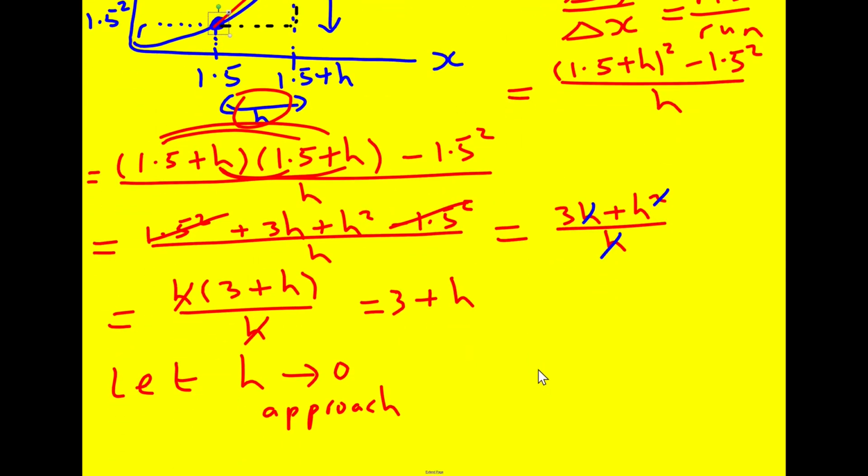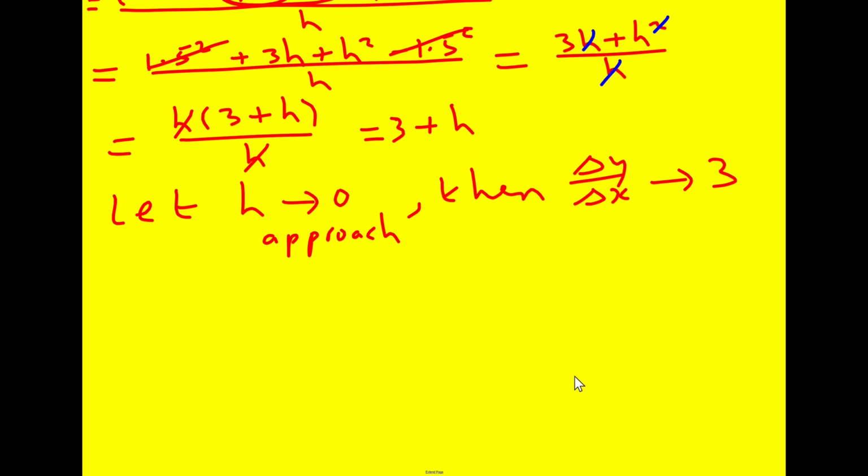So let h tend to 0, then the change in y over the change in x will tend to 3. My h disappears. Am I saying it's equal to 3? Well, I'm not at the moment. I'm saying it approaches 3, but the point is I can get it as close to 3 as I want.